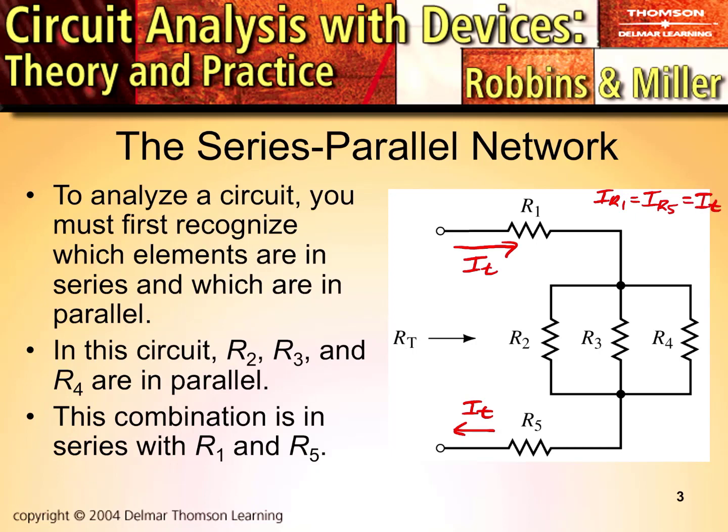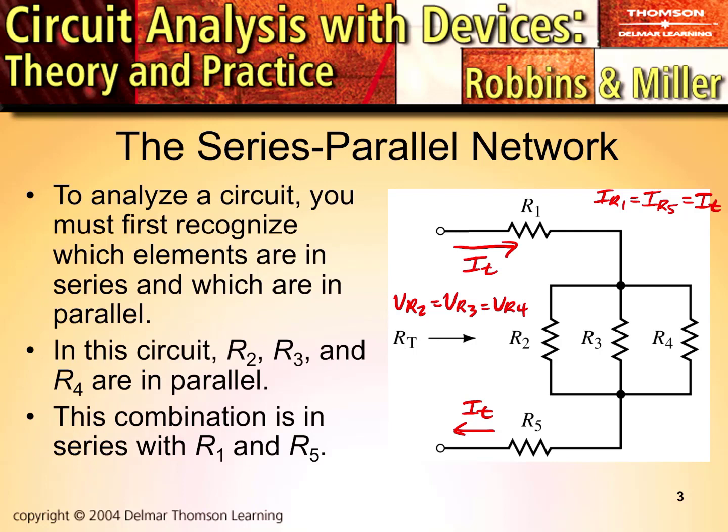That's a series property that we are applying to this circuit. Likewise, if we look at the parallel connections here, we could say that VR2 equals VR3 equals VR4, being a principle applied to parallel circuits.